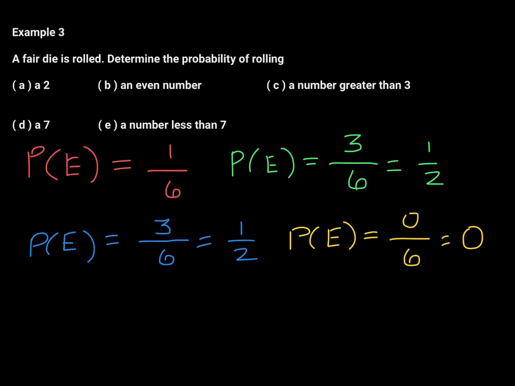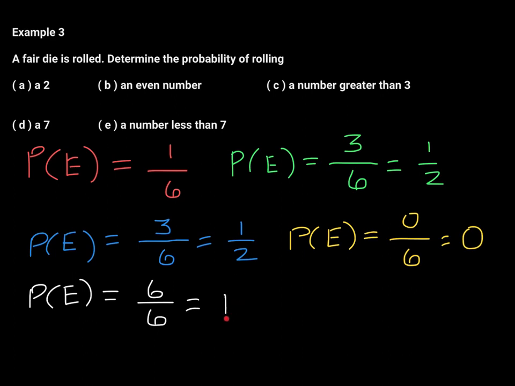All right, one last one for us, and that is the probability of the event E happening, which in this case is a number less than 7. How many numbers on a fair die are less than 7? All of them. 1, 2, 3, 4, 5, 6. They're all less than 7. So you got 6 favorable outcomes out of 6 total outcomes, which is 1.